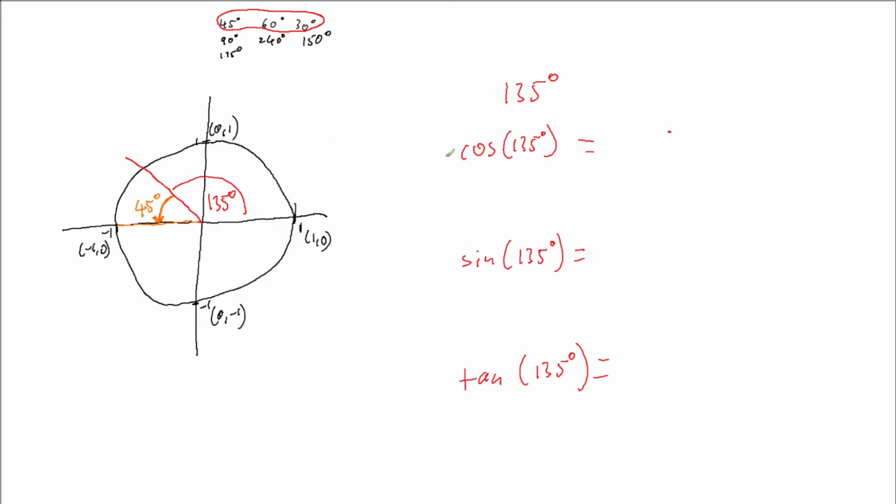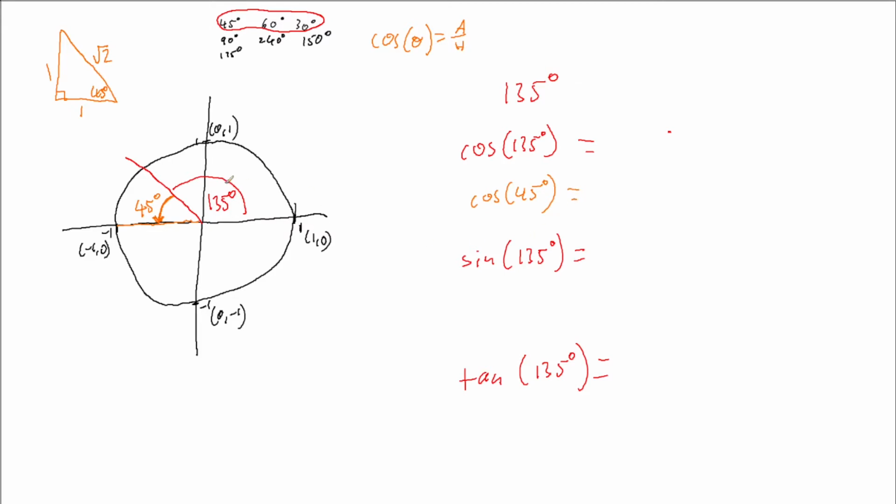And I know how to calculate the cosine of 45 degrees. Because I've got a right angle triangle that has side lengths of 1 and has 45 degrees inside it, and a hypotenuse of square root of 2. And I know that cosine of any angle is the adjacent side over the hypotenuse.